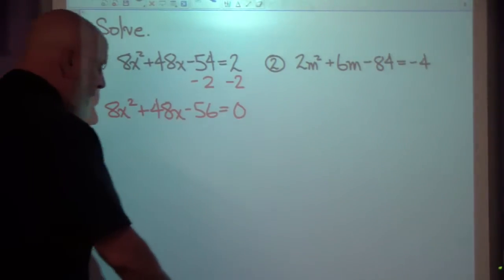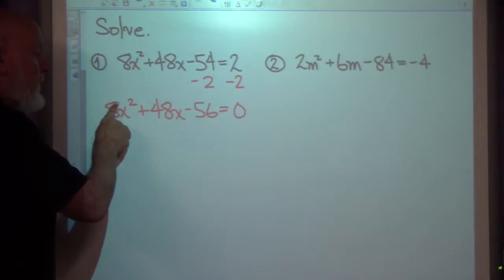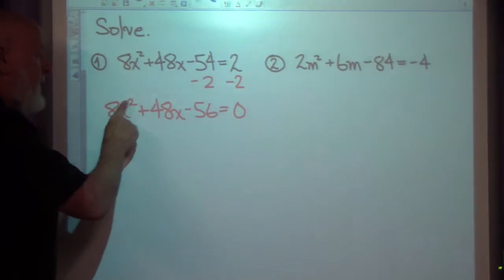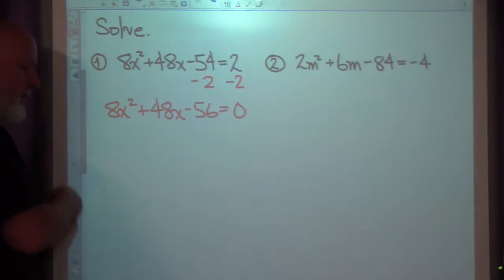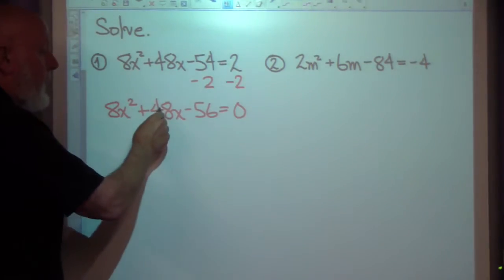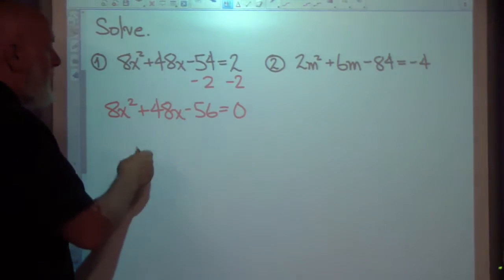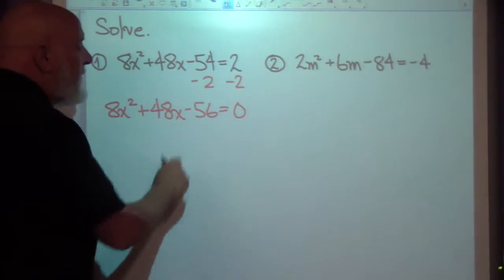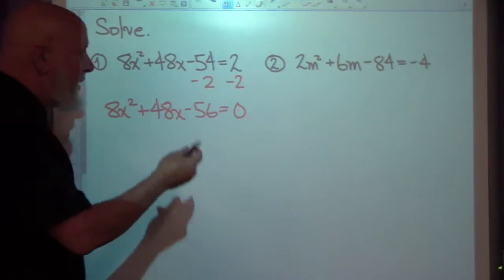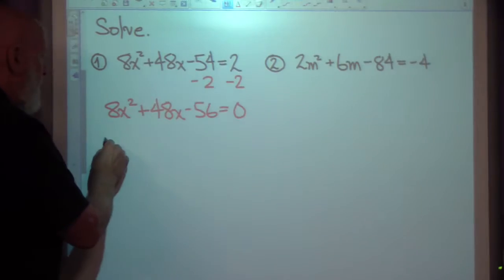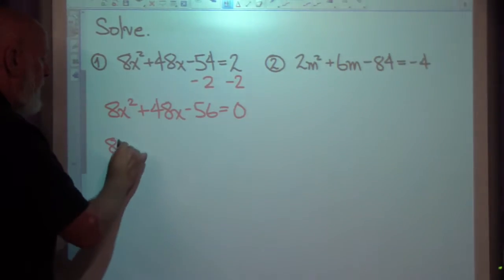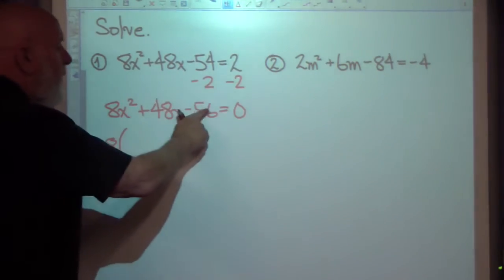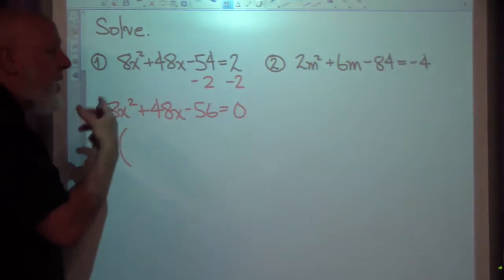Now I'm going to attempt to solve. I see that my leading coefficient is not a 1, so I'm going to see if I can factor an 8 out of all of these. And I see that 48 is divisible by 8, because 8 times 6 is 48. And 56 is also divisible by 8 because 8 times 7 is 56. So I'm going to write down the common factor and then term by term pull that common factor out by dividing.